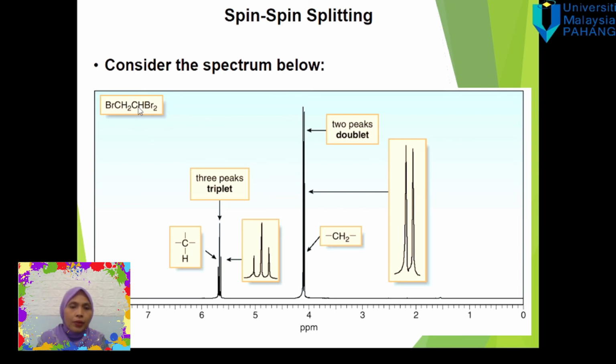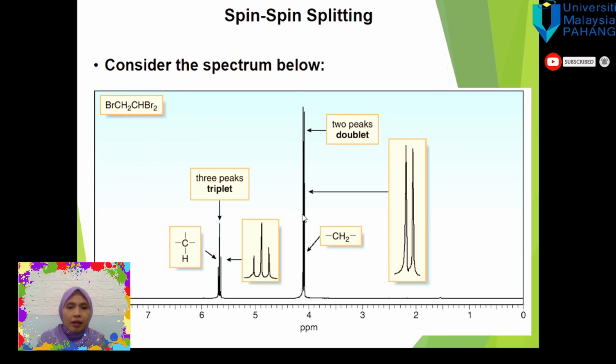Let's say this one proton is 1, and the rule for spin-spin splitting is n plus 1. When the neighboring H is 1, the signal for this H2 is n plus 1, meaning 1 plus 1 is a doublet. So the signal for this one is a doublet, and the signal for this one is n plus 1, 2 plus 1, a triplet.